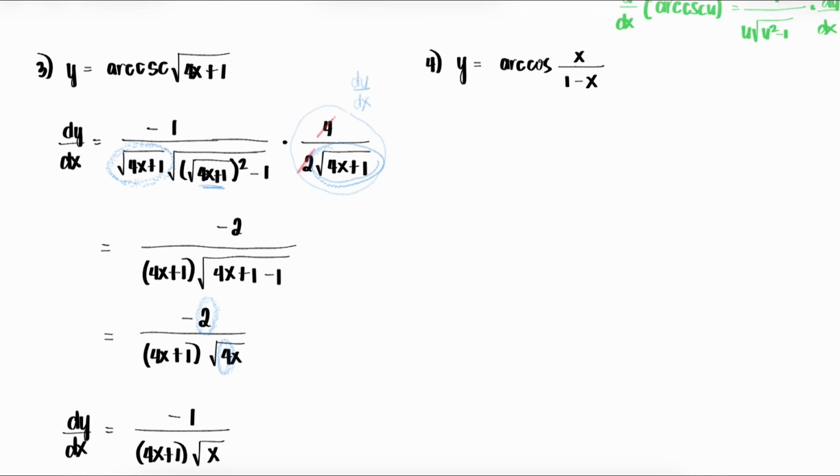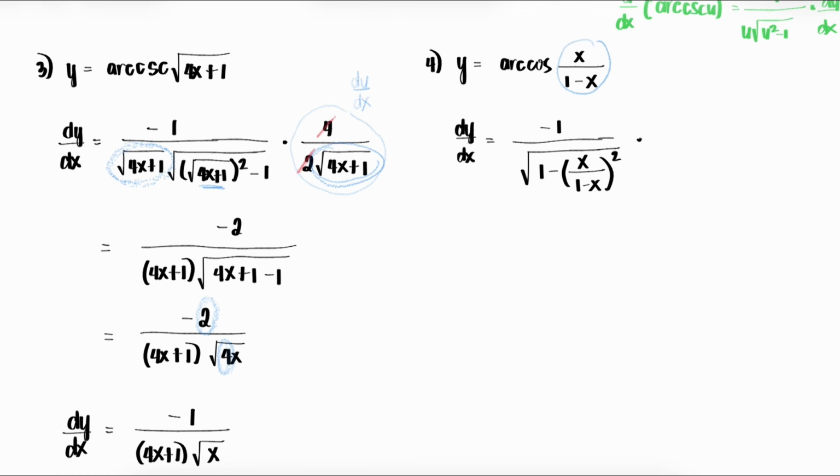Alright, differentiating this, dy dx is equal to negative 1 over the square root of 1 minus, copy our u, x over 1 minus x, quantity squared, times the derivative of our u.